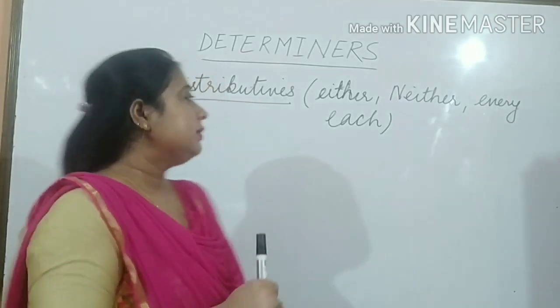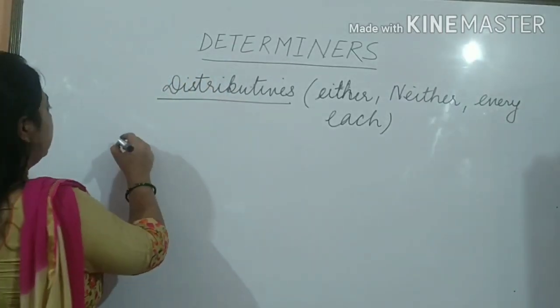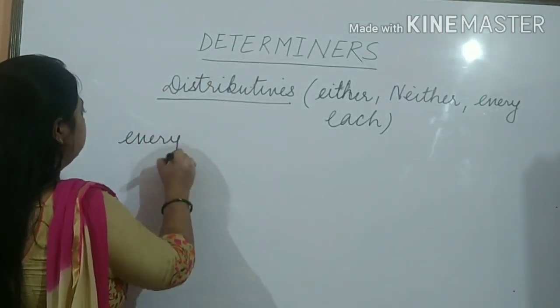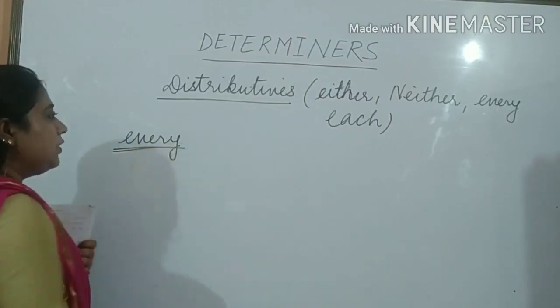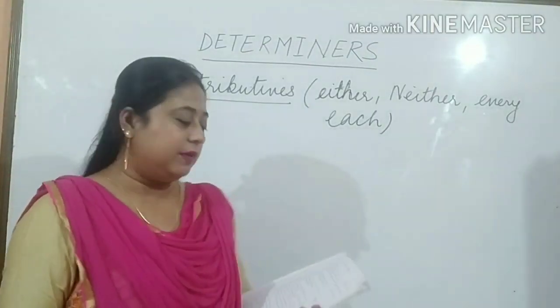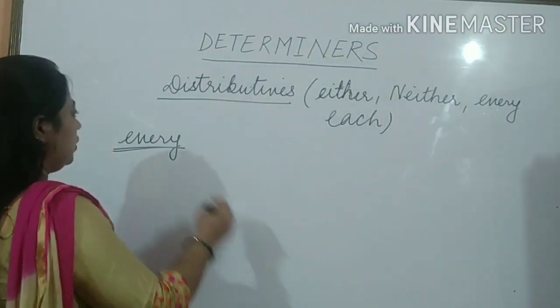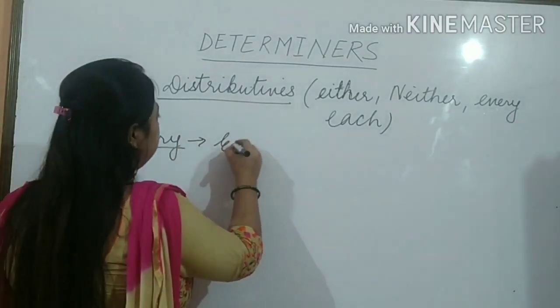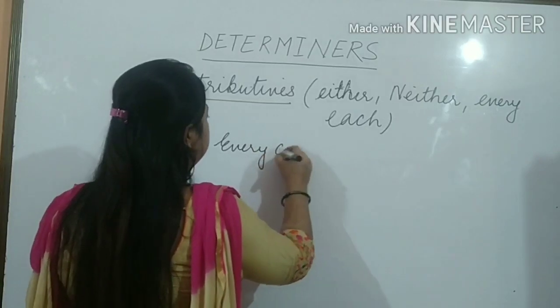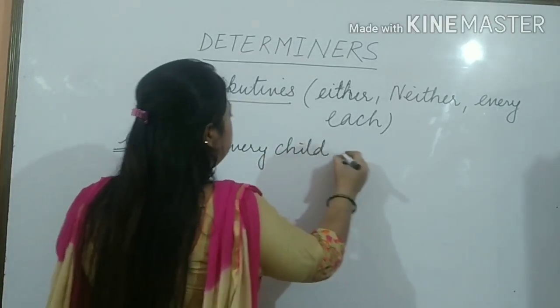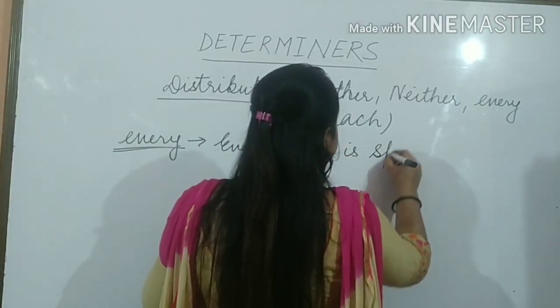The next type of distributives is every. So where do we use every? When we talk about anything as a group. For example, every child is special.